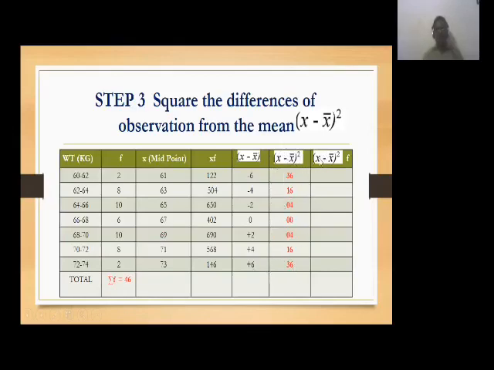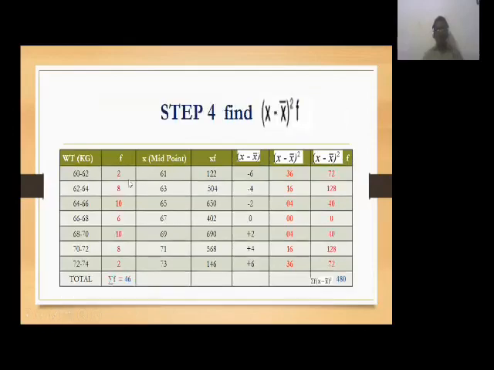Then step 4, find f into x minus x bar whole square. Already we have the frequencies f and we found x minus x bar whole square, and we multiply x minus x bar whole square with f.